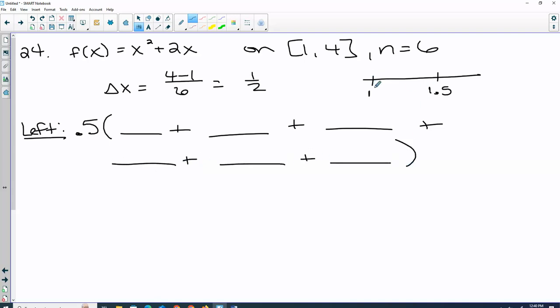If you're starting with the left sum, you start with the leftmost point. So I'm going to start with 1. And I'm plugging 1 into my function. So 1 squared plus 2 times 1. And then we just go up by a half. So 1.5 squared plus 2 times 1.5.